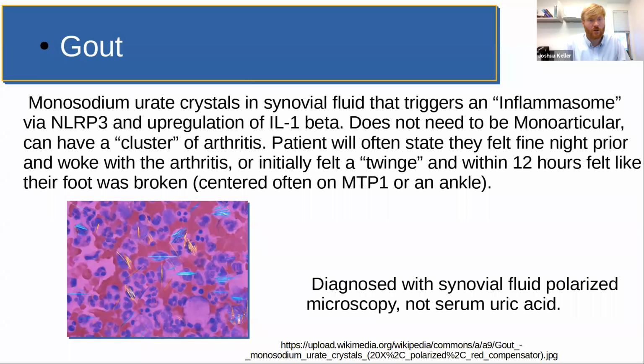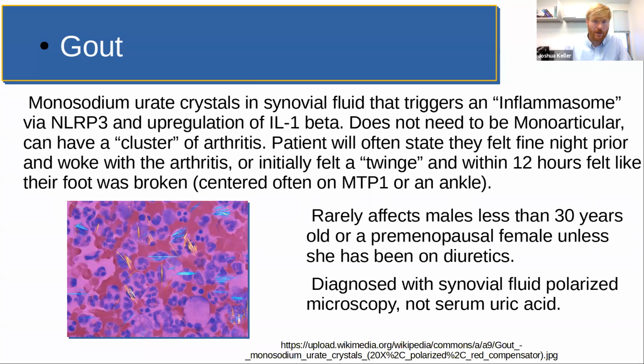Or they might get an ankle with an MTP, and then a tarsometatarsal joint, a midfoot kind of flare. So it's not uncommon that we'll see 3 or 4 joints in an area that's all flared up at once. It rarely affects males under 30 years old, though I've had a few patients.